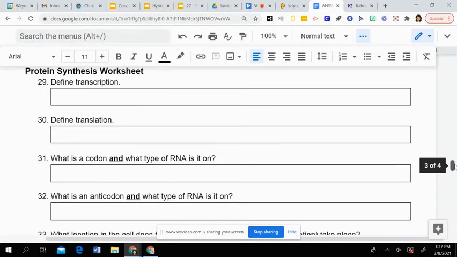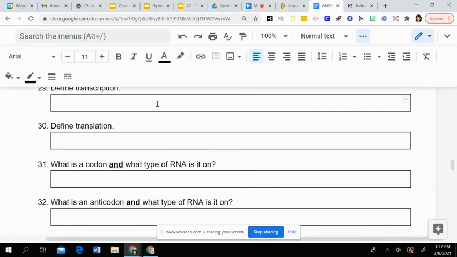All right. Moving into our protein synthesis worksheet, transcription. What is that process, or how is it defined? Ainsley. Good. So when genetic information is synthesized into complementary RNA, then what is translation?